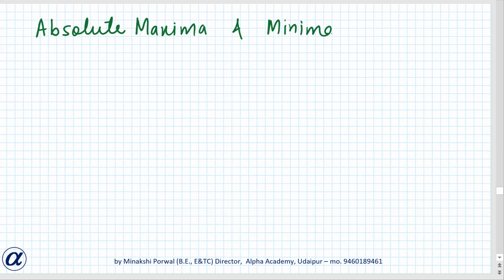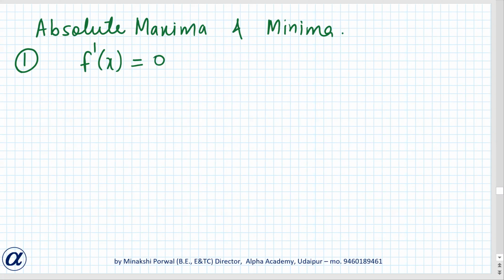Okay. So how do we find absolute maxima and minima? For finding absolute maxima and minima, the first step is to differentiate whatever function is given, finding f dash x, and putting it equal to 0.